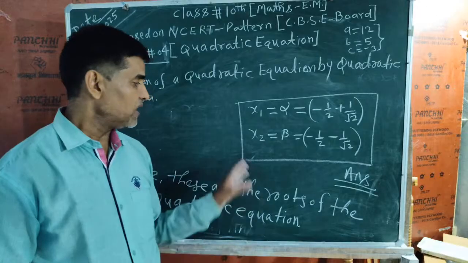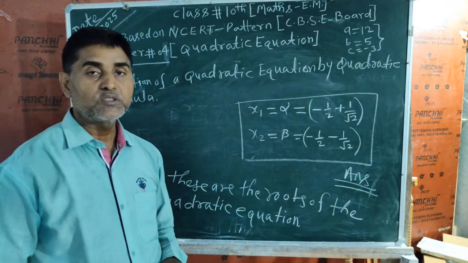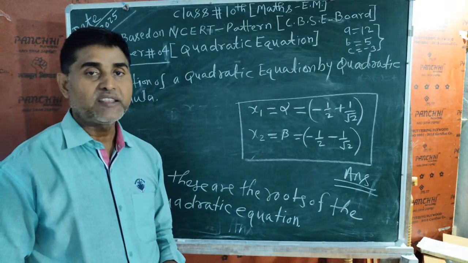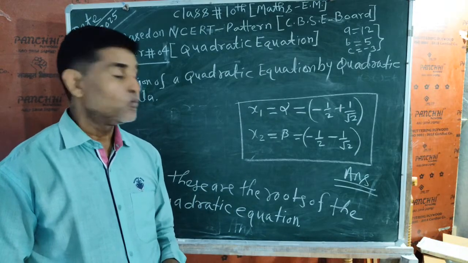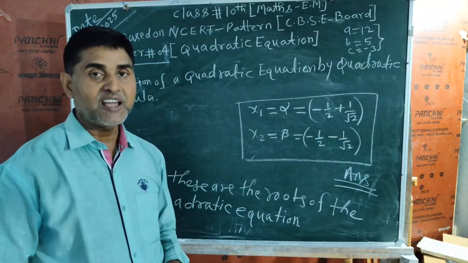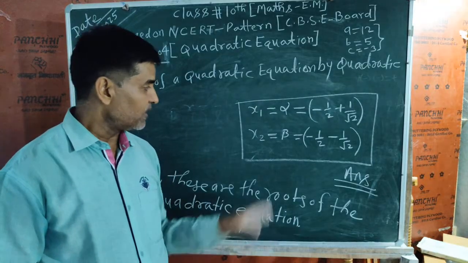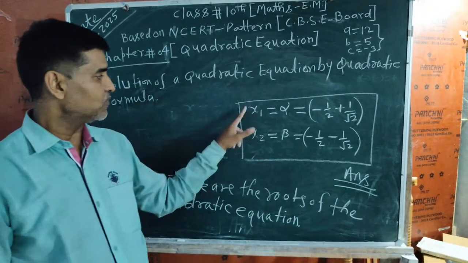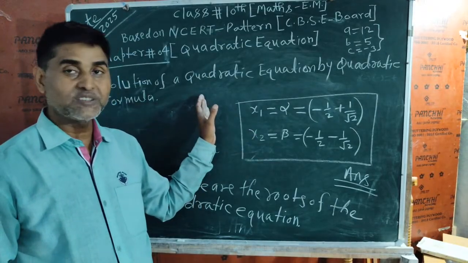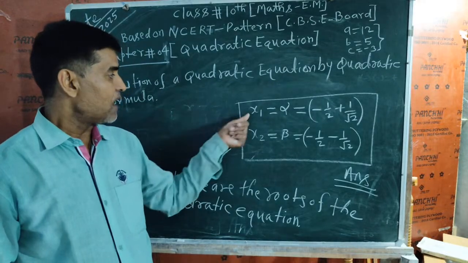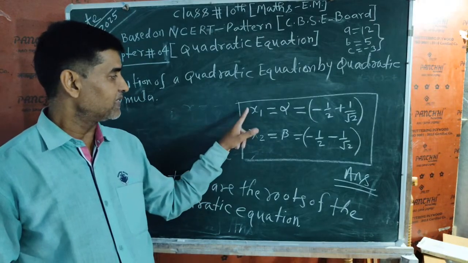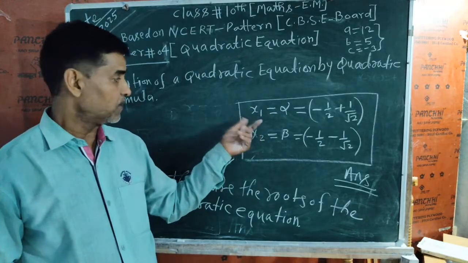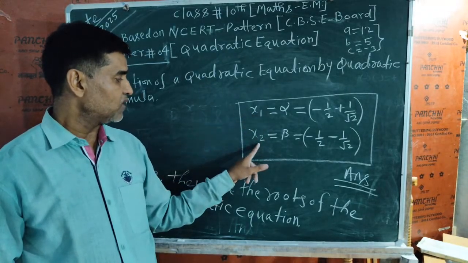Okay, student. So according to this way, any question can be solved with the help of the quadratic formula, or in other words, with the help of Sridharacharya's formula. Okay, student. Already I have explained how I have got its value, because a quadratic equation was given, and with the help of that quadratic equation I have got the value of x1 and also the value of x2.